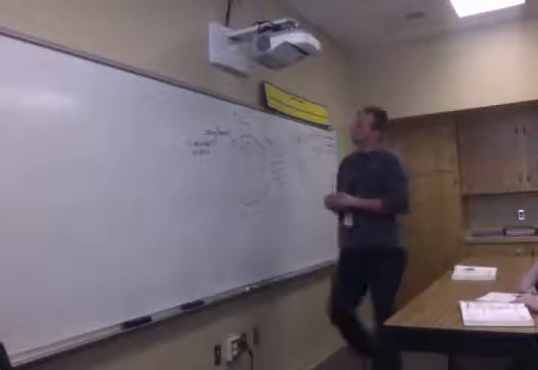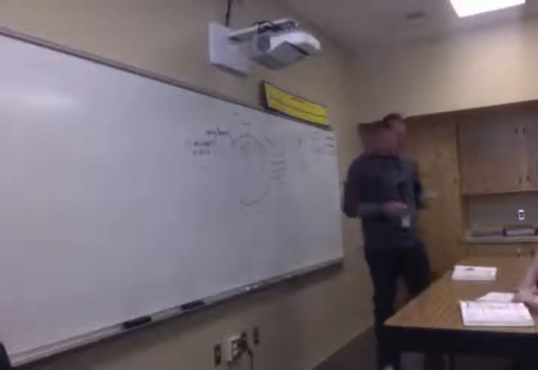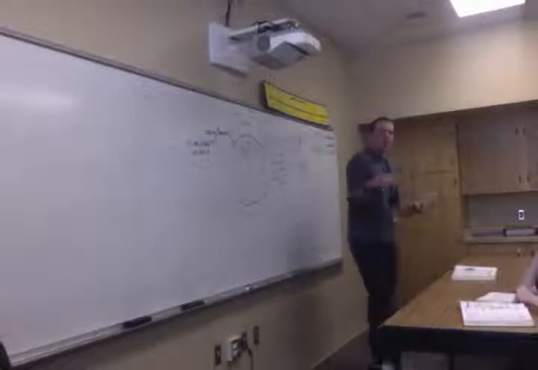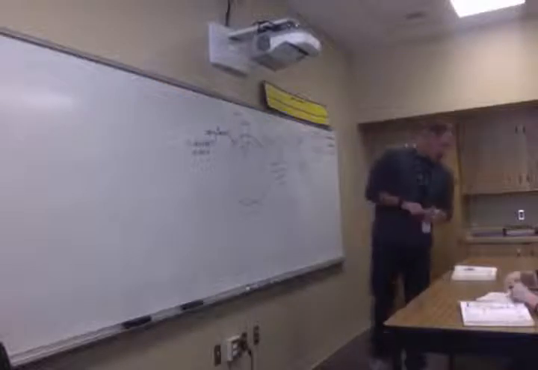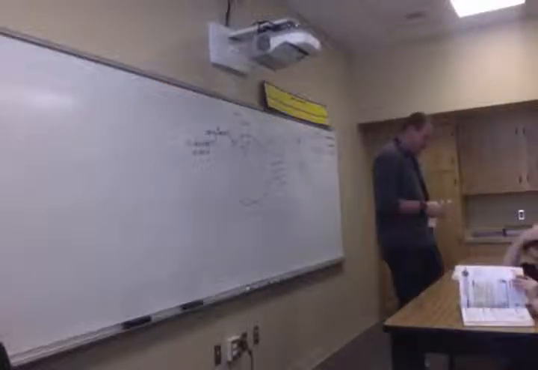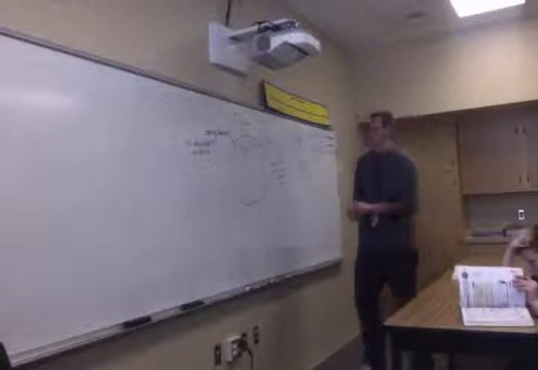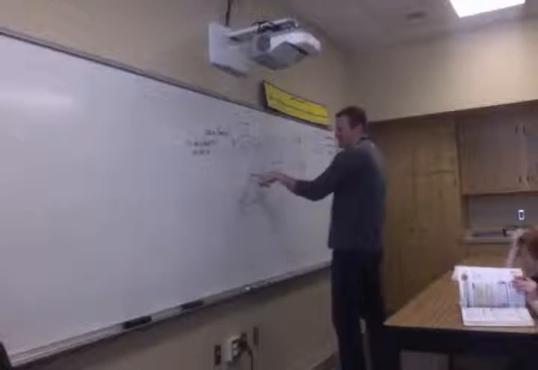Well, this is what the book says. Maybe we could tweak it a little bit or come up with our own that's better in our words, or we might be able to use this one. The radius says it's the distance from the center to any point on the circle.